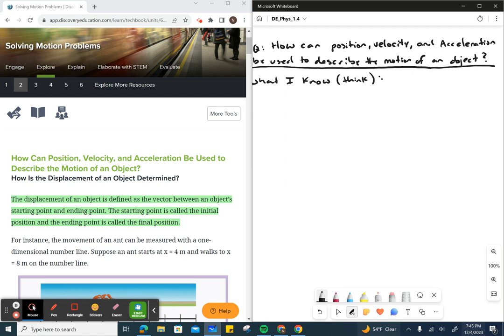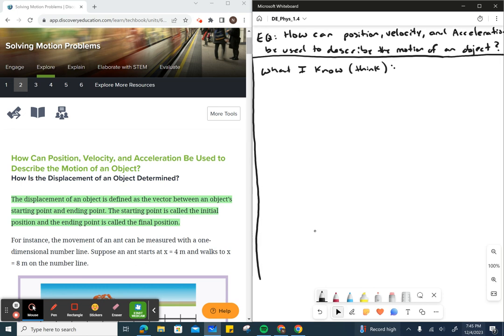What do we mean, and how can we do that? And we may talk about its velocity, and then we may talk about that object's acceleration. How do we use these things? What exactly do these things tell us when we're using them in reference to an object? Just hit pause and write what you think.